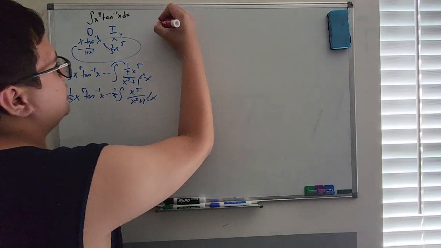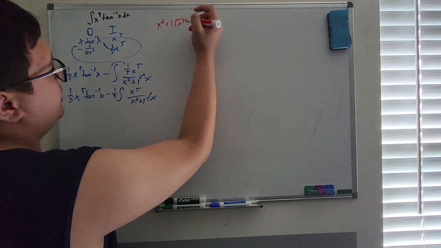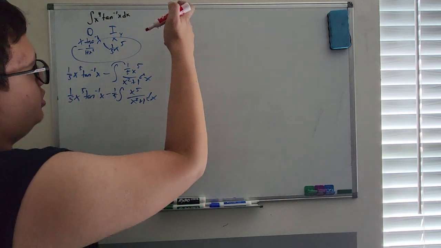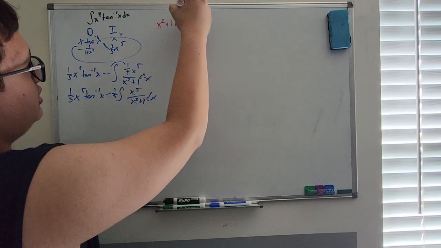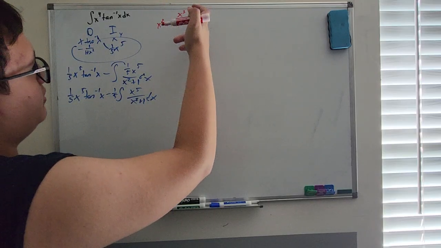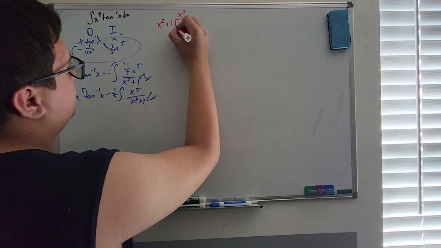So let's do it. X squared plus 1, and then box it, x to the fifth on the bottom. How many times can x squared go into x to the fifth? Well, this will be x to the third, because 5 minus 3 is just 2. That's how exponents work, we can subtract.